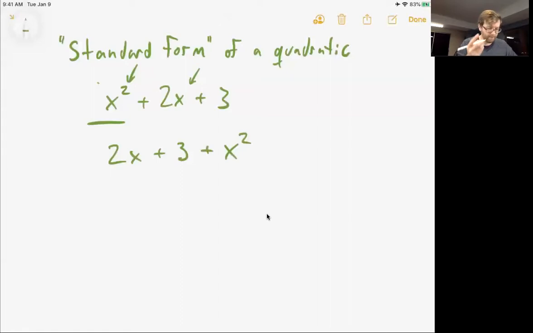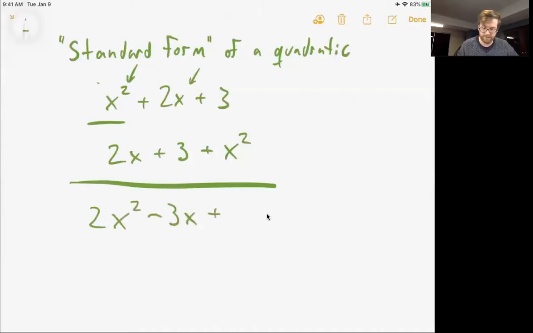So, for example, let's say I had another quadratic, 2x squared minus 3x plus 7, okay? We would say the coefficient of this first term is 2, and the coefficient of the second term is -3. The coefficient of the constant term is 7, it's the constant at the end. We talk about the leading coefficient.